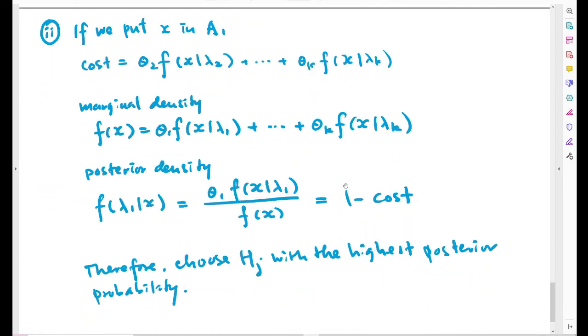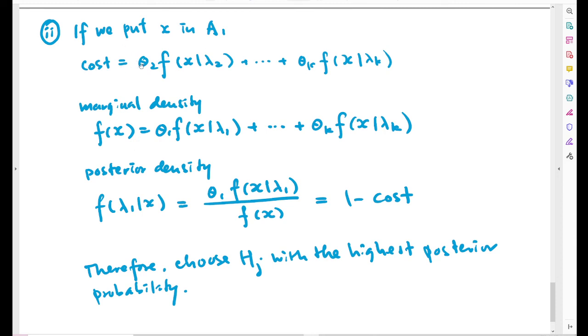Then we use similar logic to think about how to construct all the regions A1, A2, A3, and so on. Just for illustrative purposes, I just talk about A1, but in fact all the reasoning is similar. Suppose we try to put x in A1. Then what is the cost of making a mistake?